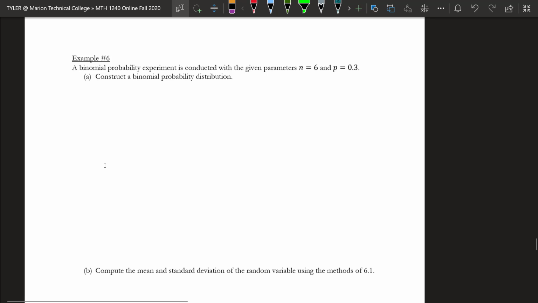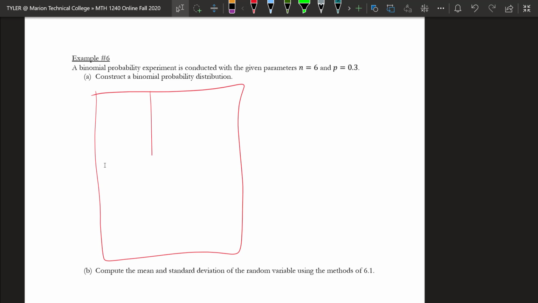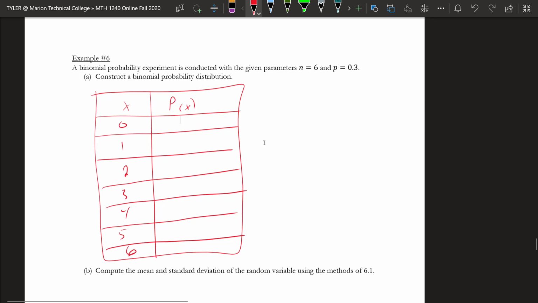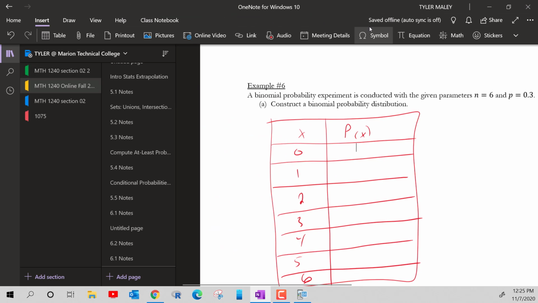In other words, I want to fill in this table for the possible x values. So x could be 0, 1, 2, 3, 4, 5, and 6. I need to calculate those various probabilities, so I'm going to use StatCrunch to help me calculate those.